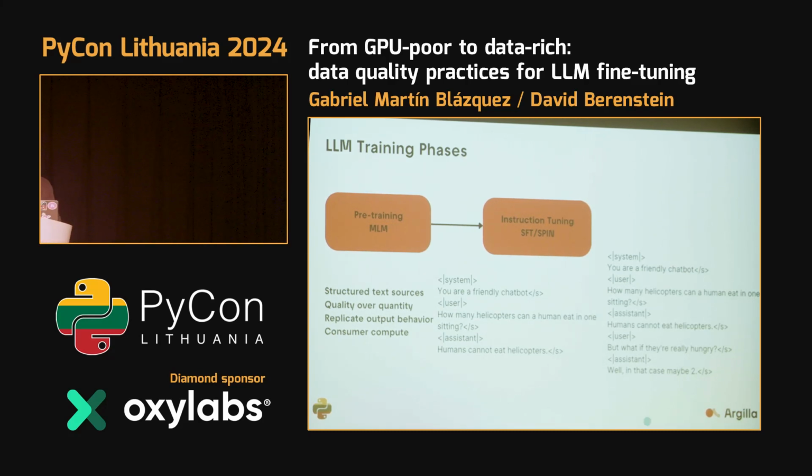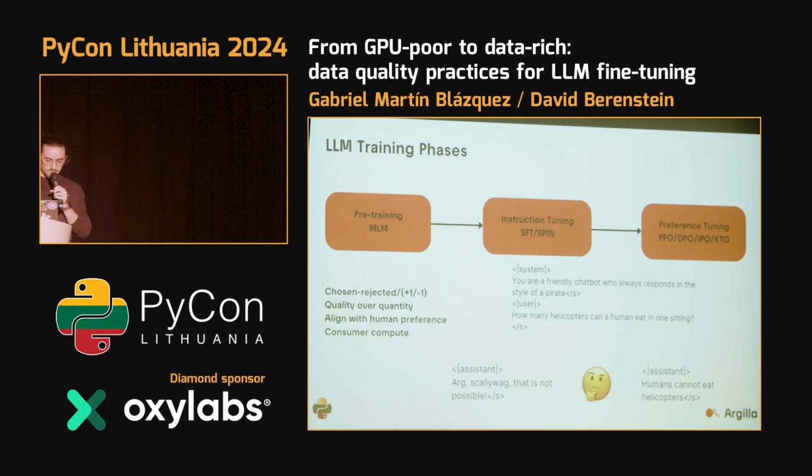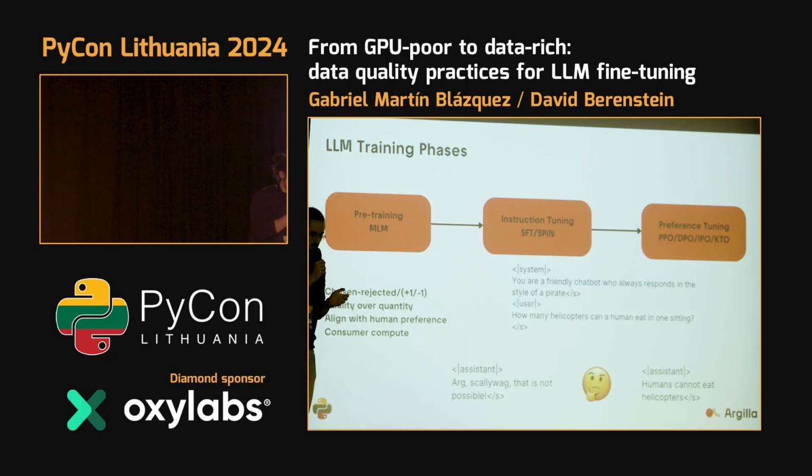Okay, so we have fine-tuned an LLM for doing a specific task, but there is something still that we need to do, that is to align it, to do preference tuning, because maybe we want the LLM to do this task, but following certain aspects. And for this kind of tuning, we need a preference dataset.